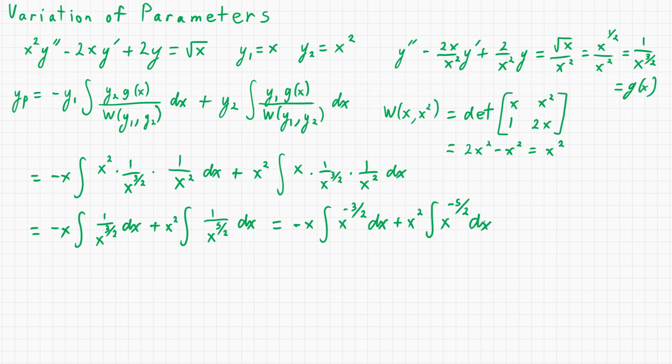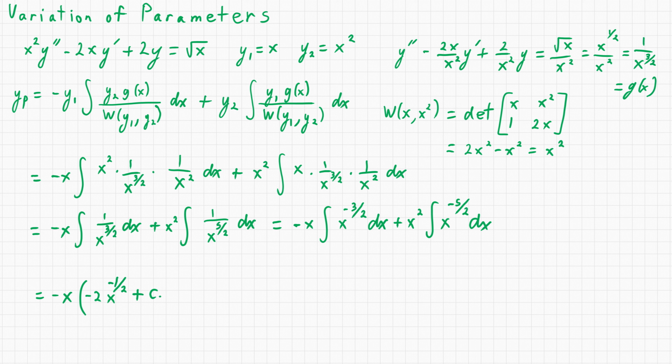All right, so for the integral here, we have negative x, indefinite integral of x to the negative 3/2. Kind of going backwards, right? To get to negative 3/2, it's a power rule, so we're going to add 1, so we get negative 1/2. But then I don't have any numbers in front, so I should have a negative 2 in front, to cancel out the negative 1/2 when the derivative is taken.